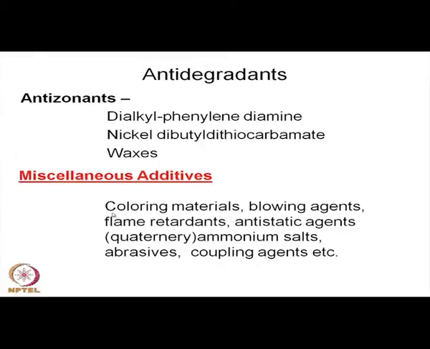These are coloring materials, pigments or dyes, mostly pigments, to develop attractive color and bring aesthetic appeal to the rubber product. This can be yellow, red, brown, green, or blue, whatever color is required can be developed by using coloring material.